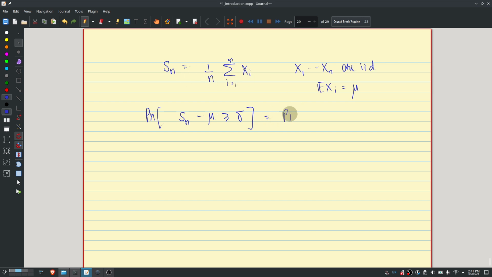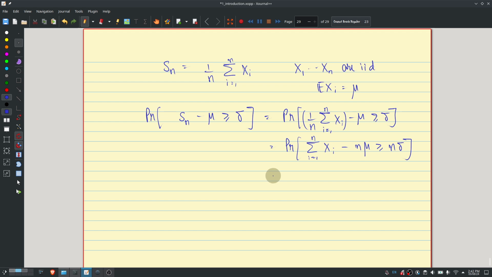I can write this as the probability that 1 over n summation i equal to 1 to n xi minus mu is greater than or equal to delta, which is the probability that summation i equal to 1 to n... So instead of getting a bound on the average of these n random variables, it's the same as deriving a bound on the sum of the random variables, minus n times mu, is greater than or equal to n times delta, right?